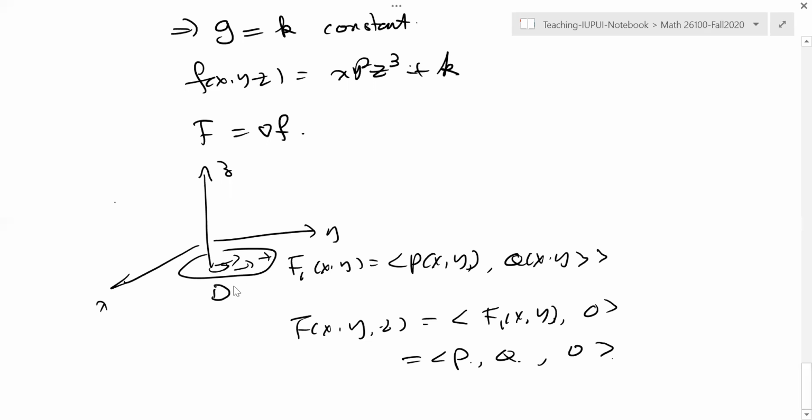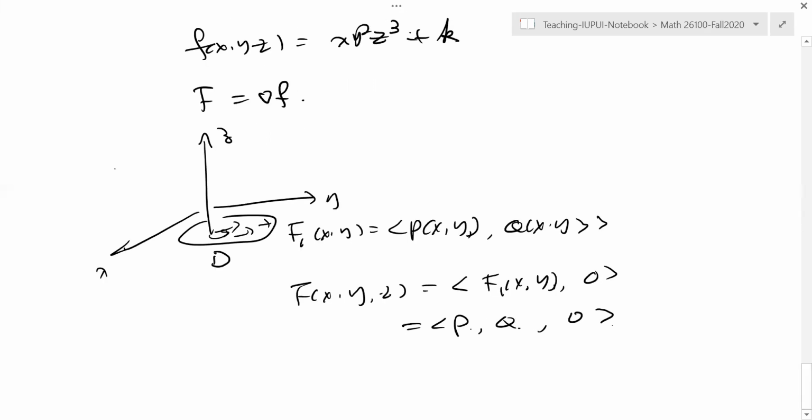So you get this, right? And this can be defined on the whole cylindrical domain. If this domain is D, then D1 is D times negative infinity to positive infinity.